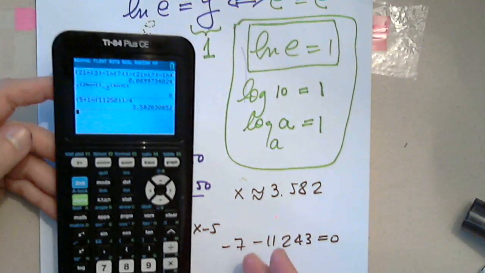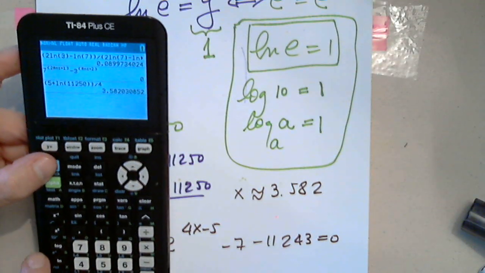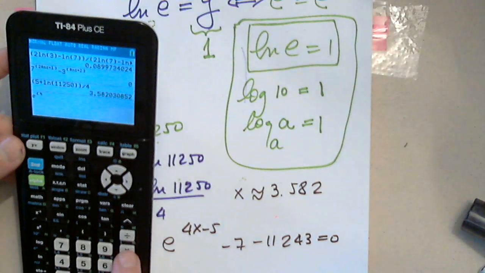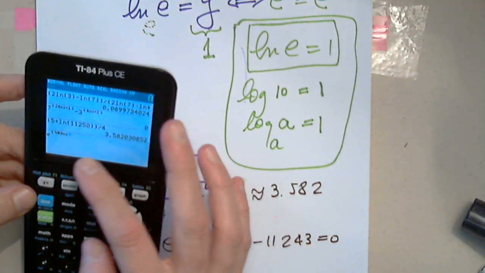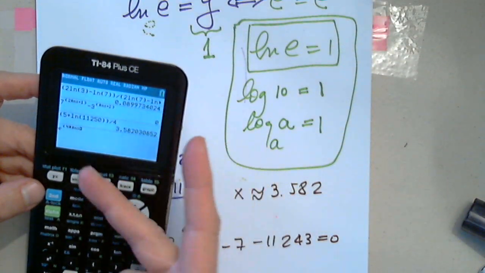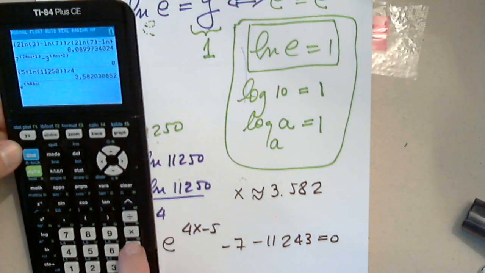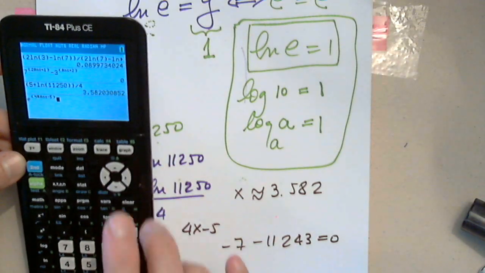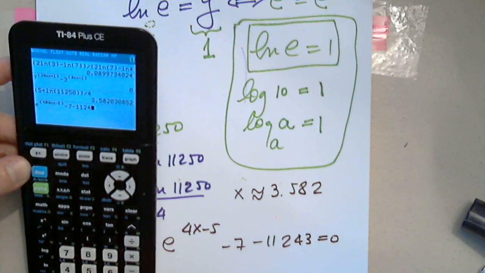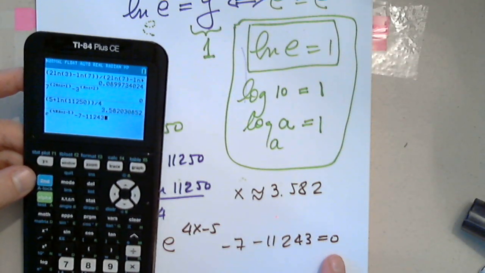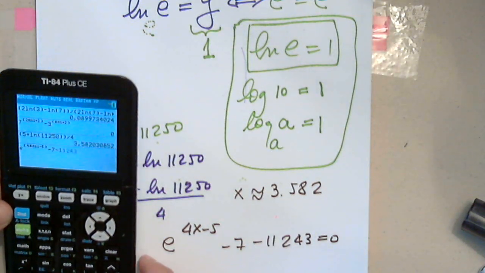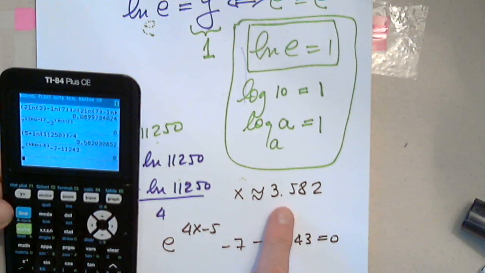So, e to the power of 4 times the previous answer, but make sure that you have the previous answer there. If you deleted it or you have something else, you cannot use this feature. So minus 5, close the parenthesis, then minus 7, and then minus 11,243. When I hit enter, I have to get 0. If I don't get 0, then this is wrong. So I got 0, that's correct.